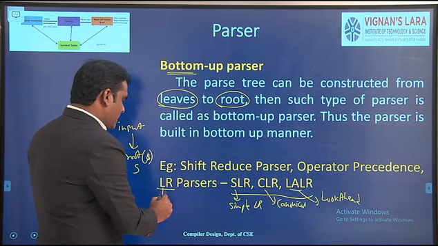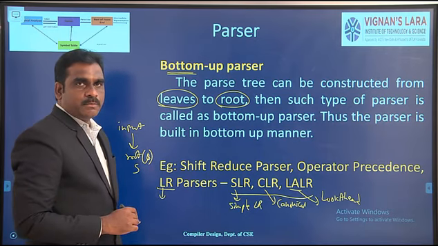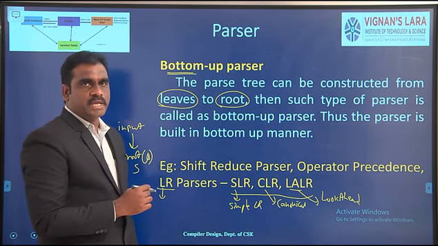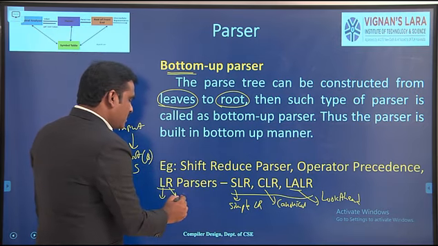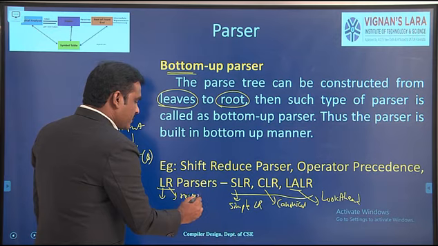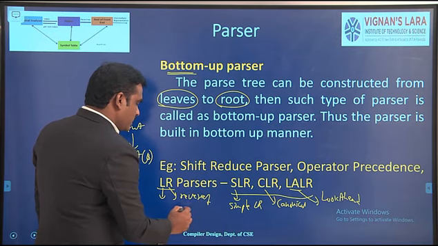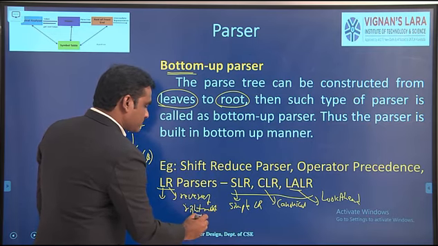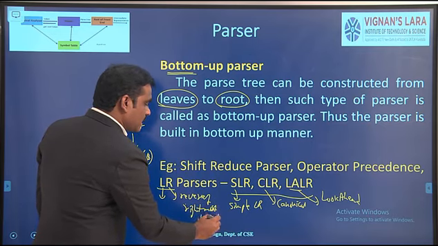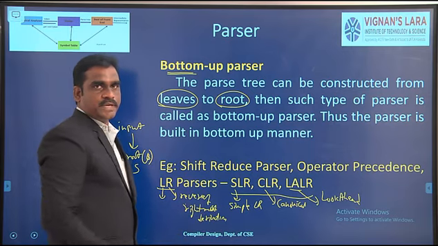Here L means scan the input from left to right. R means reverse of rightmost derivation, RMD.